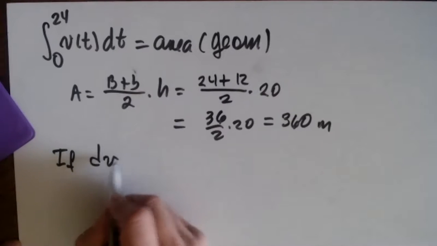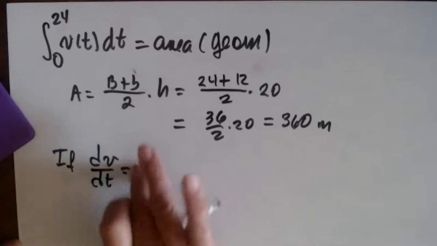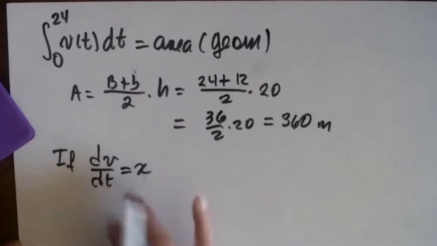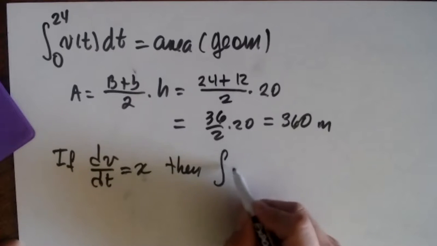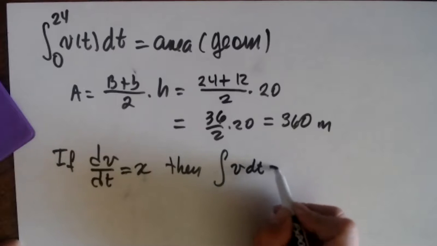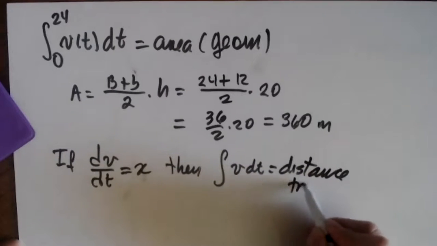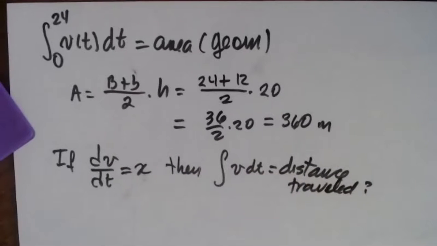Now, if dx/dt equals v, then the integral of v with respect to time is the distance traveled. Is it distance traveled or displacement?